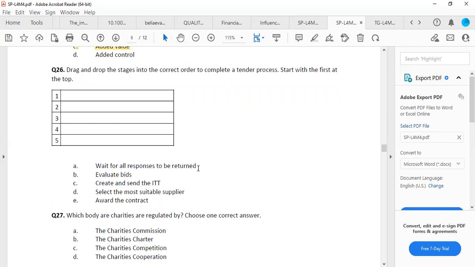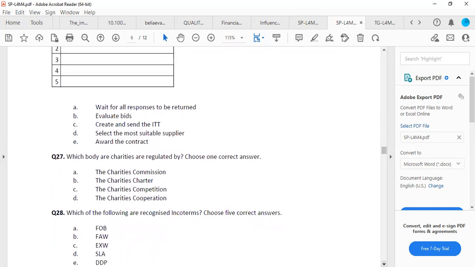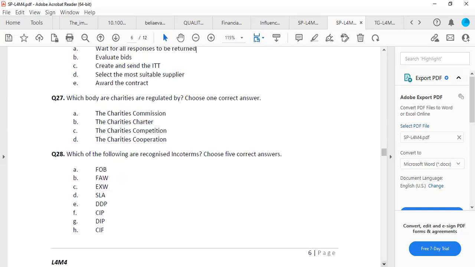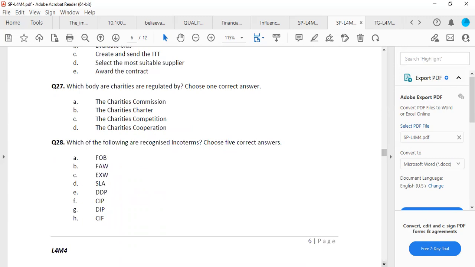Okay. And wait for all responses to be returned. Yes, wait for all responses to be returned. Evaluate bids. Select the most suitable supplier. Then award the contract. Correct. Okay.